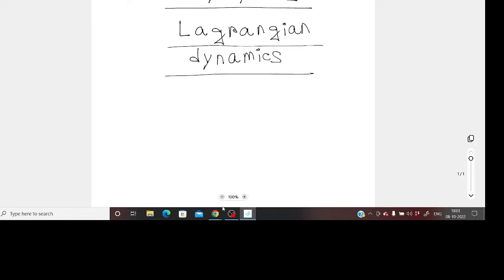Almost, sir. Okay. So let's define action. What is action? Action is defined as the integral of L dt. Okay. T is the time, S is the action and L is the Lagrangian. Right?